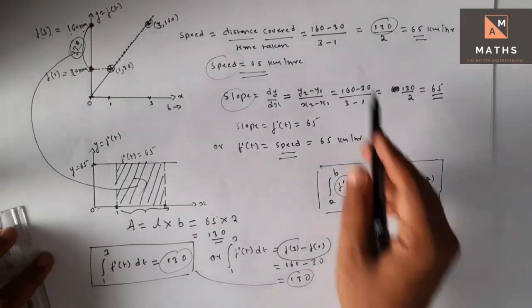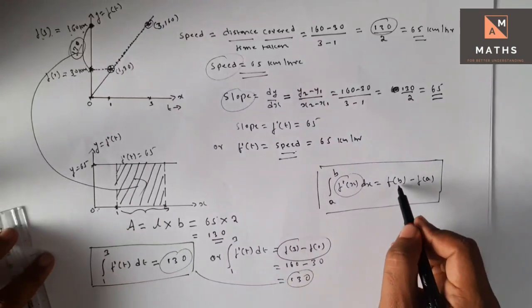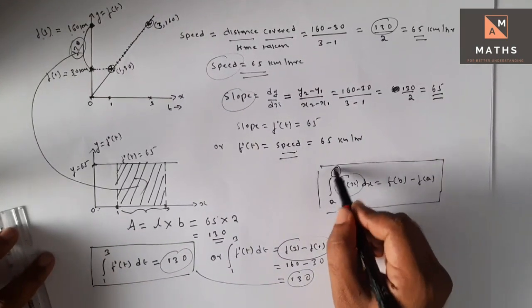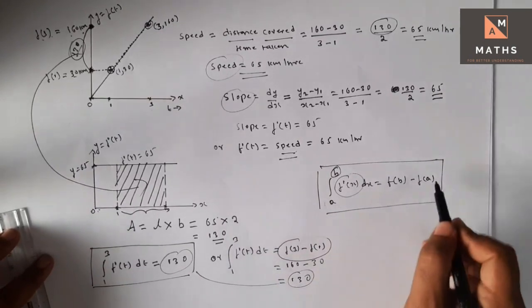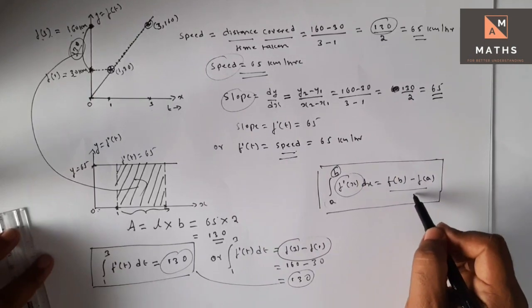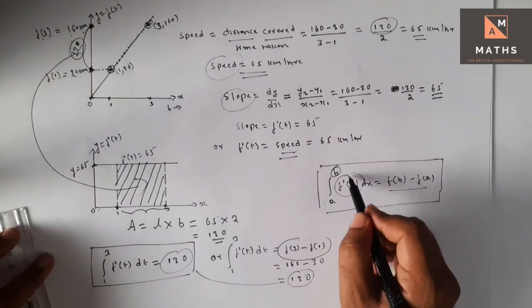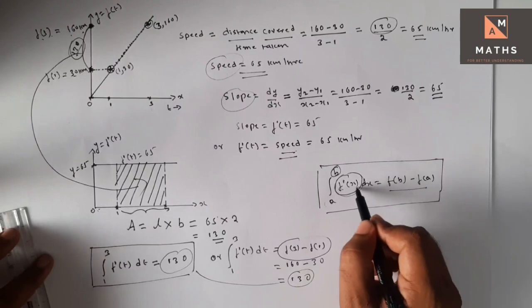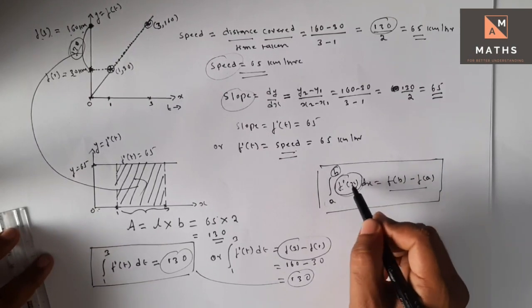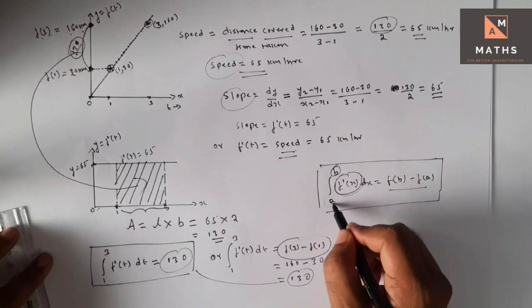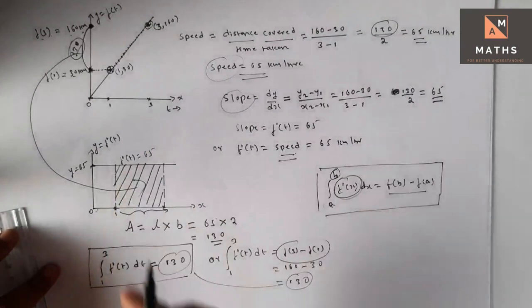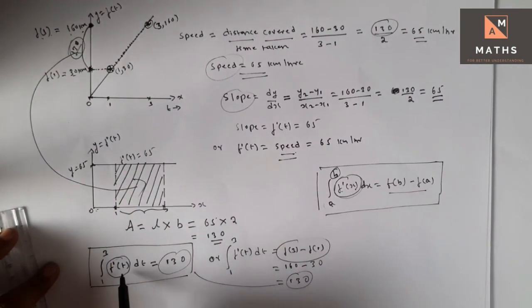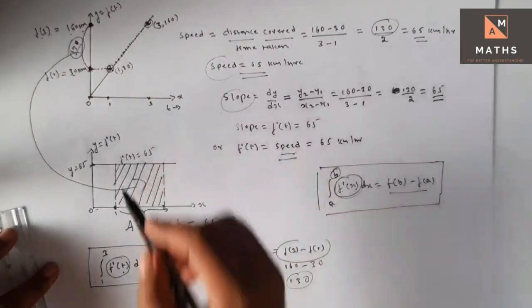If you know that original function, and in that original function you replace the limits, final position value minus initial position value, then you will get the area under the curve. Whatever function f dash of x you have, you will get its area under that curve from this point to this point. So this is nothing but the fundamental theorem of calculus. In this example, we got the area under the speed from 1 to 3, which is 130.